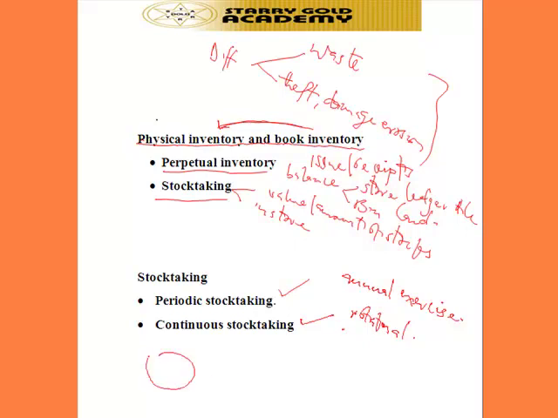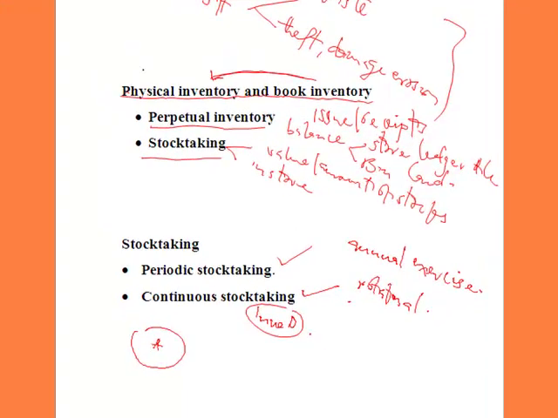Inventory A today, inventory B 2 months time, inventory C 2 months time, and by the time a year is complete, all of the stock items would have been counted and touched. So that's the definition or explanation concerning the two methods of stock taking: periodic stock taking and continuous stock taking.